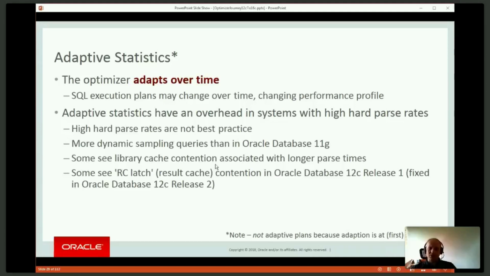And some customers saw things like library cache contention because of extended parse time. So if they had hard parse rates, you could see extended parse times, and that would result in a library cache contention thing. And occasionally you would see RC latch contention as well in 12c release 1, which has now been fixed in release 2. So you shouldn't see that anymore, in fact.